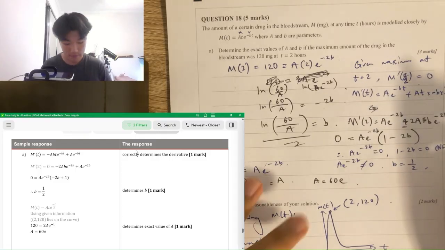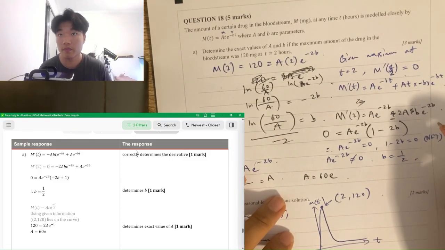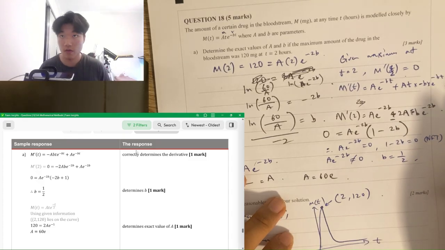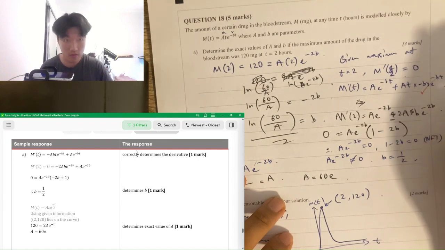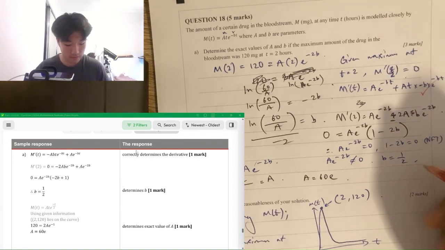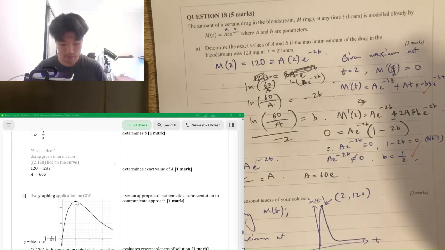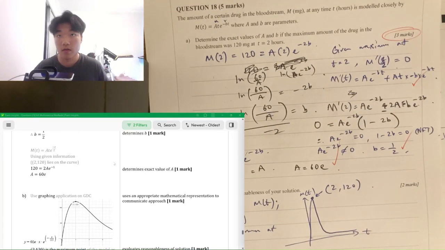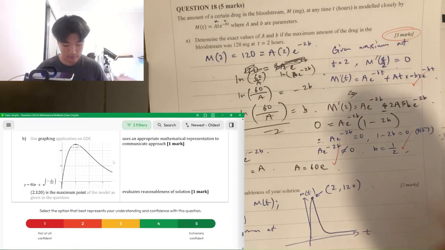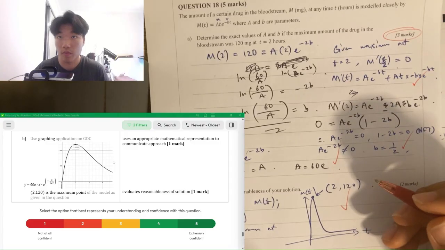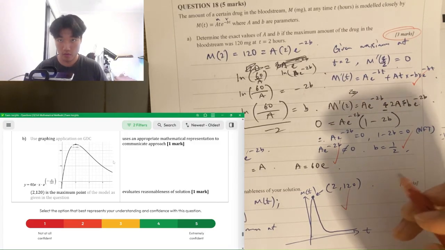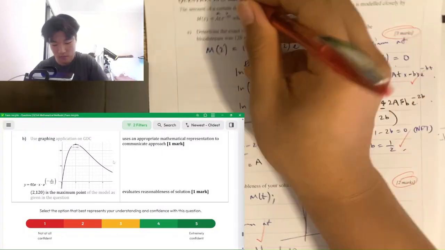Correctly determines derivative. Determines b, a half. Yep. Determines a, 60e. Yep. Using graphing application. Yep. Maximum point.